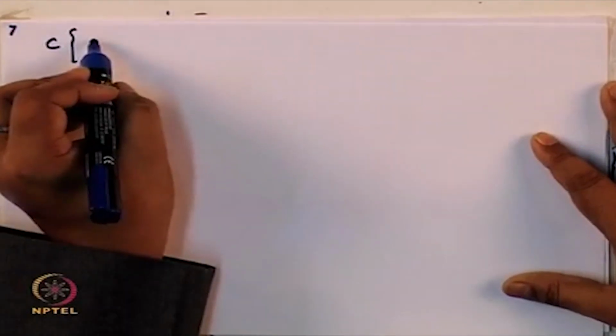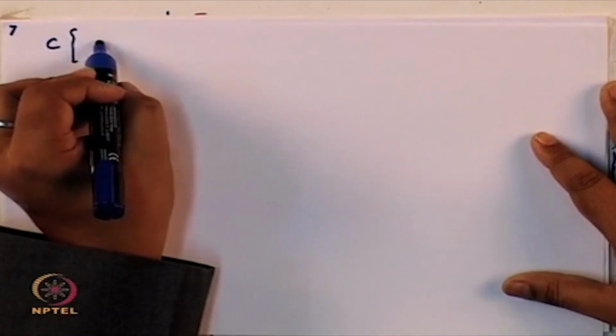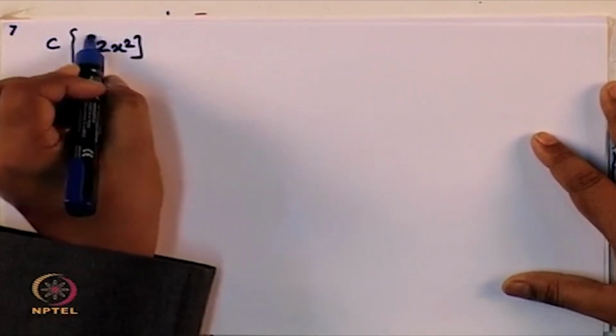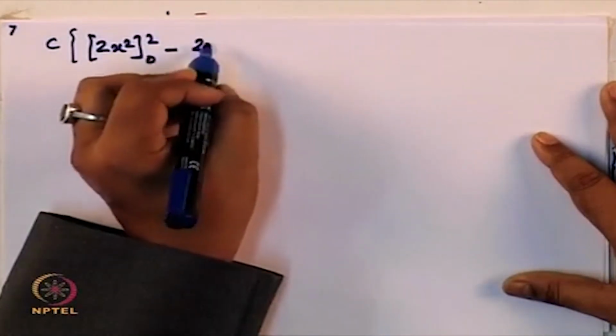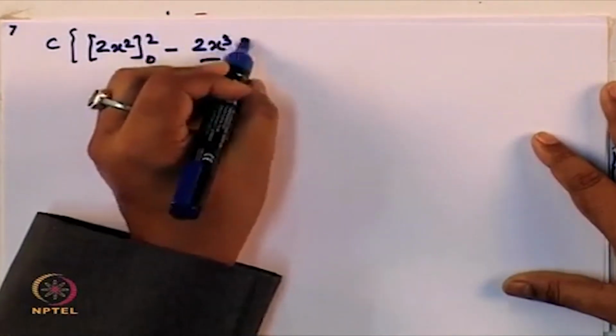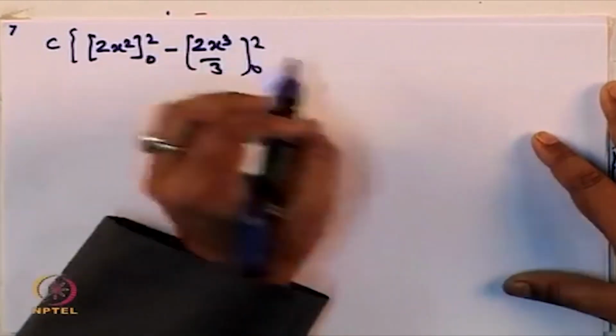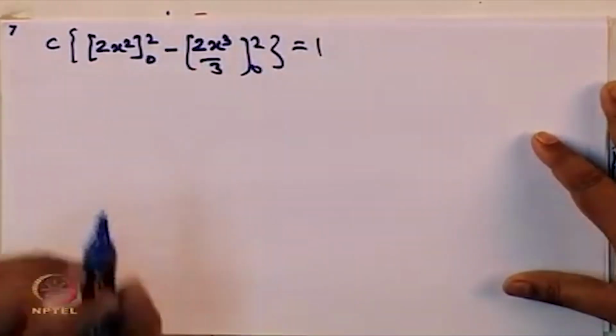So, the integral of 4x is 2x squared, minus 2x cubed over 3, equal to 1.